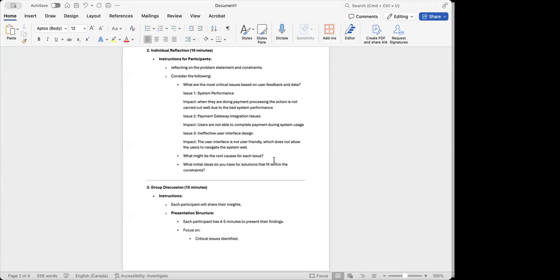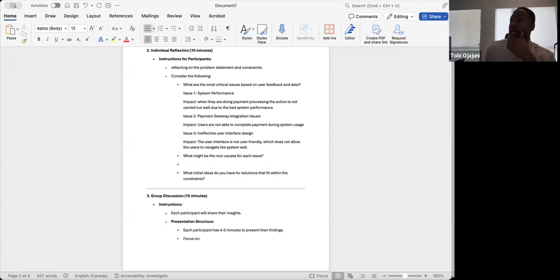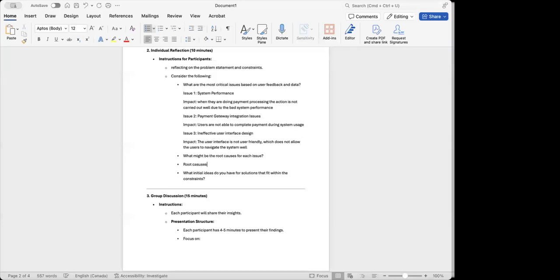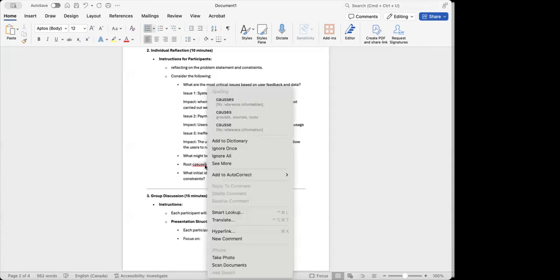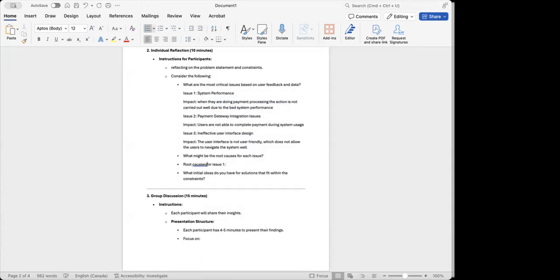So Anita, you gave the first one. What do you believe will be the root causes? It would be due to poor non-functional requirements, which are the base here for poor system performance.